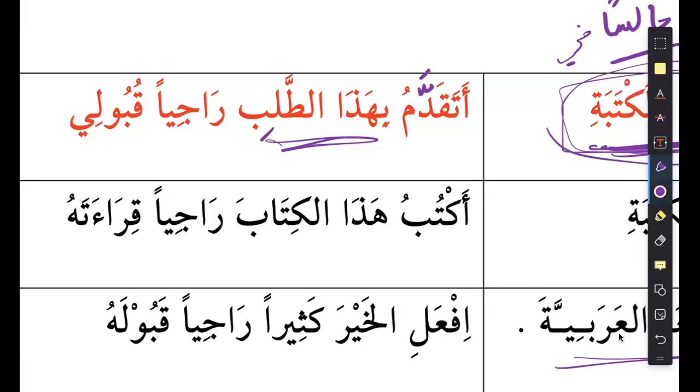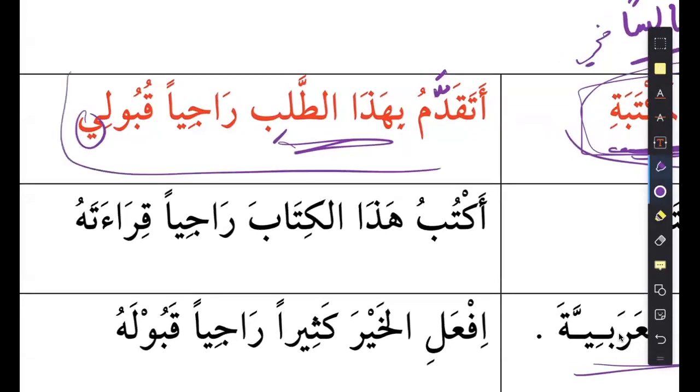Qubul is acceptance, qubuli is my acceptance. So again, this is not a simple sentence structure. It's not the most complex, but it's a complex sentence because it has many different elements. I'm offering this request, hoping for my acceptance. That would be the translation.